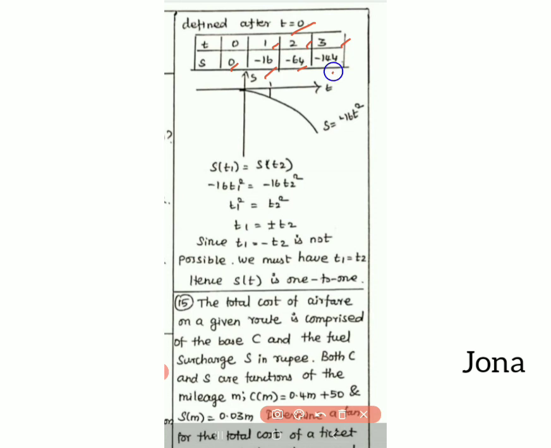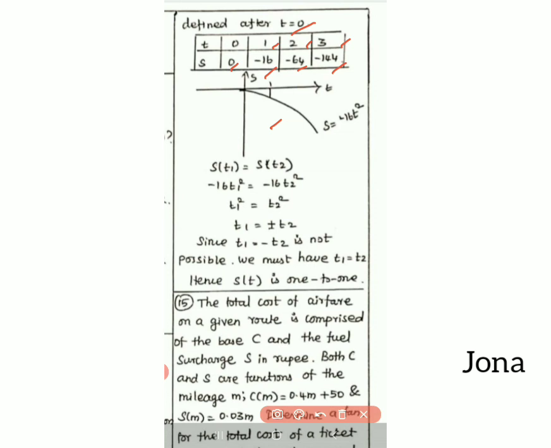If it is 3, the value of s is minus 144. By this table we want to draw the graph here. So all the values of s are negative, so the curve will be downwards here.